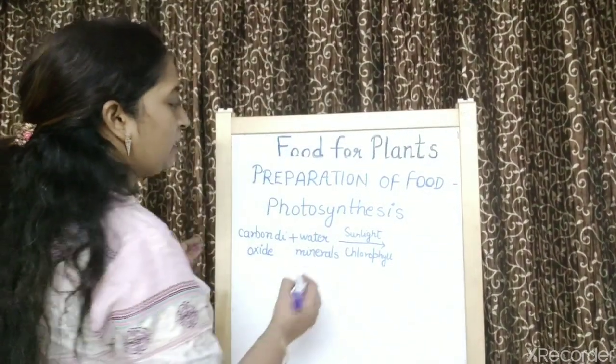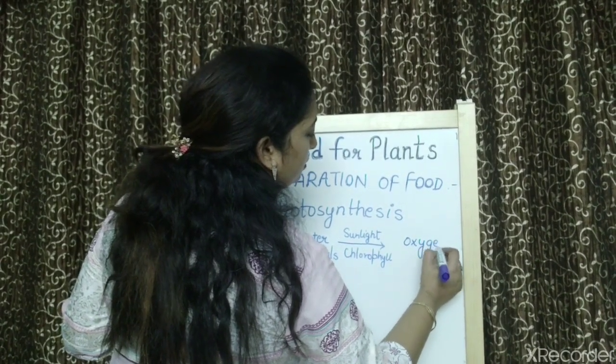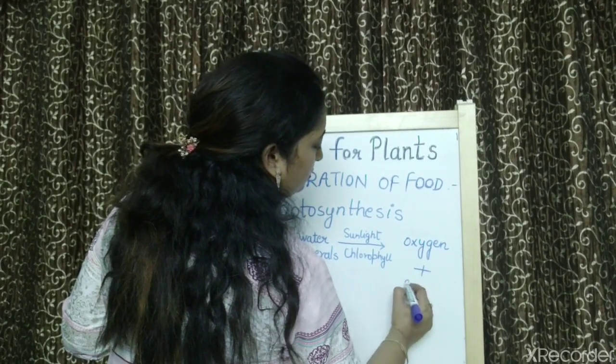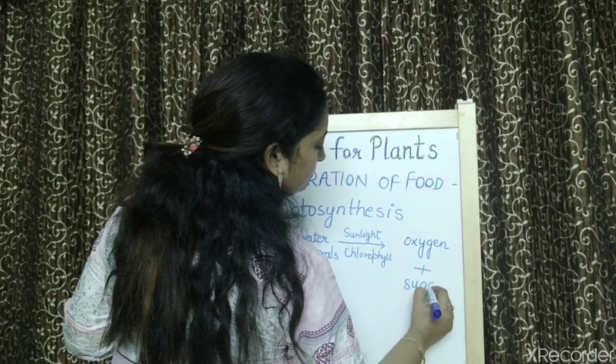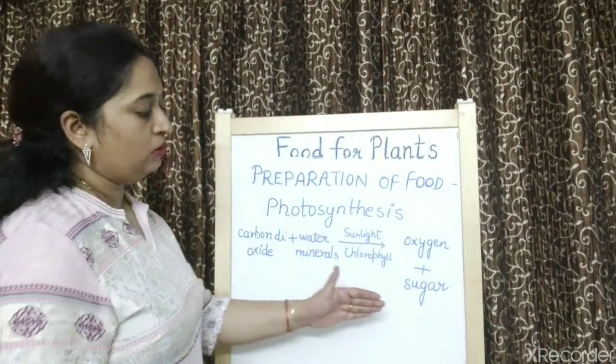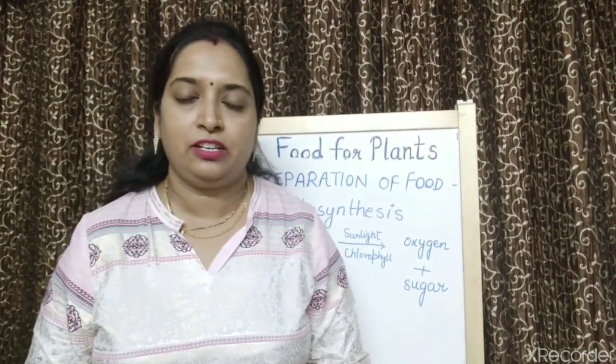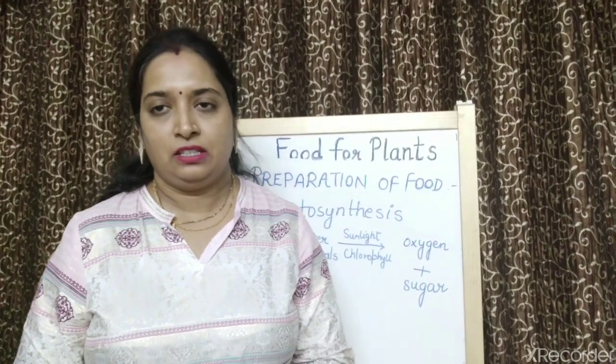So what will be the product of photosynthesis? Oxygen and sugar. Right? Sugar, you can also say carbohydrates, that we will study in our next chapters.